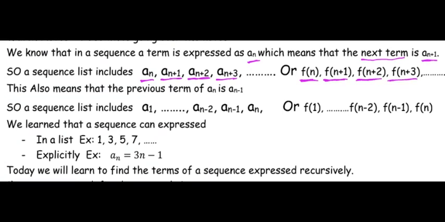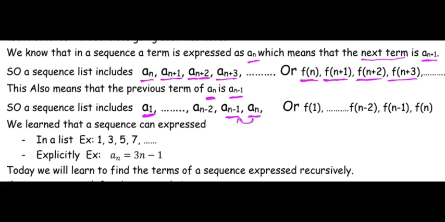Now, if we're going to look at the previous terms, that means that if we have f of n, a sub n, the previous term is going to be a sub n minus 1. So if we have a list or a sequence, we know that the first term starts with a sub 1. If we have a sub n, that means the previous term to a sub n is going to be a sub n minus 1.